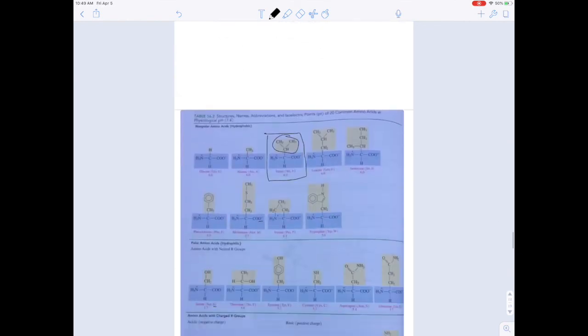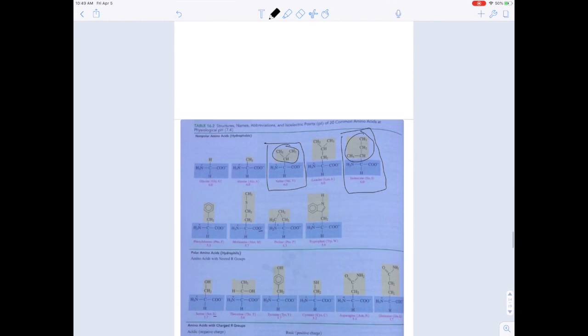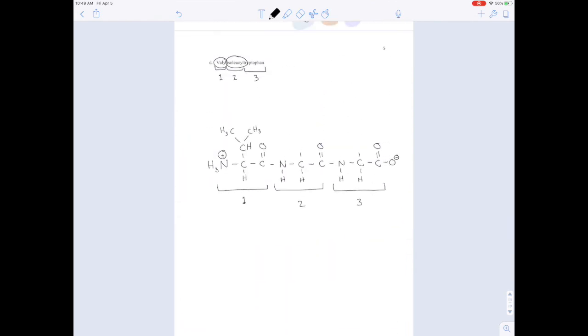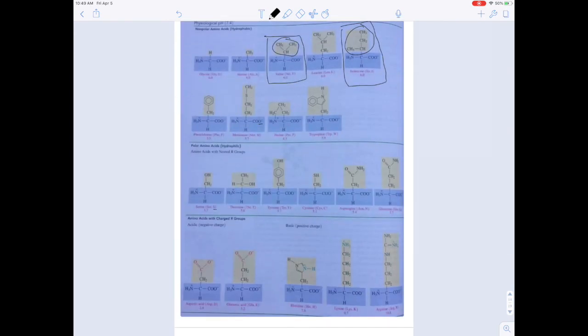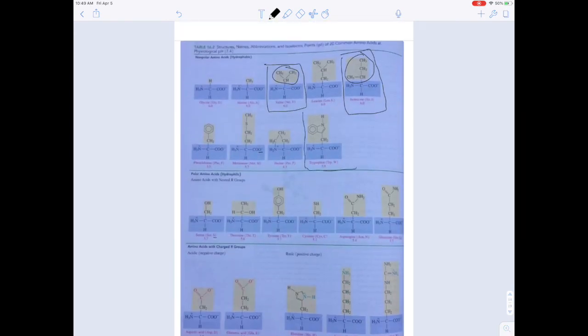Isoleucyl most closely resembles isoleucine. Its R group is a CH with a CH2 and CH3 on top, and a CH3 to the left. So CH with CH2, CH3, and then a CH3 to the left. And tryptophan has a complicated R group.